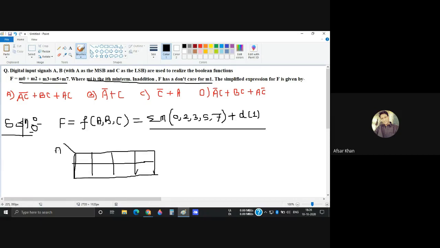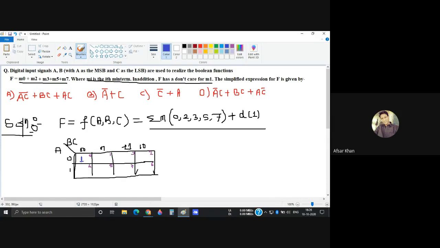This is A, this is BC. 0, 1, 3, 2, 4, 5, 7, 6. So we have to put the ones. On 0, we have to put 1.